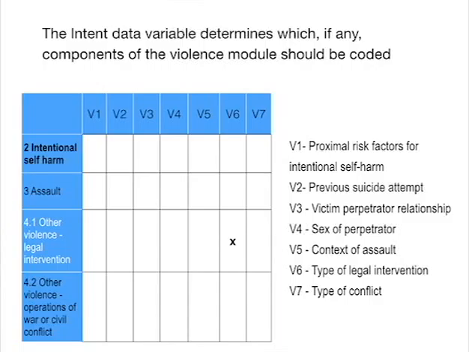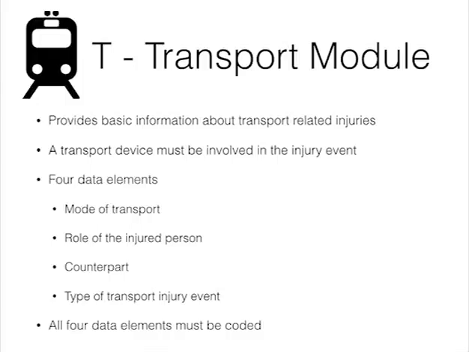The transport module provides basic information about transport-related injuries. A transport device, such as land transport vehicles, watercraft, and aircraft, must be involved in the injury event. The transport module has 4 data elements.